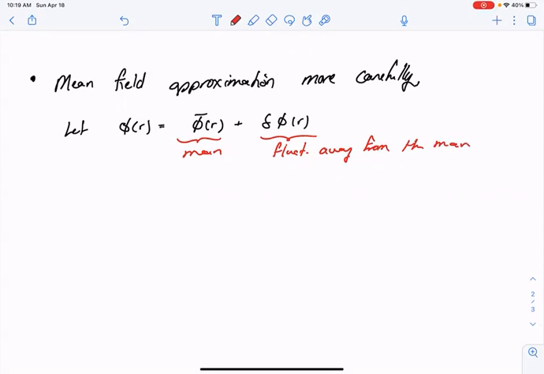While we have an independent definition of the mean, it's going to be that which minimizes the effective Hamiltonian. This equation essentially provides a definition for the fluctuation.